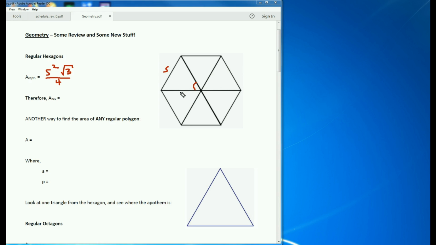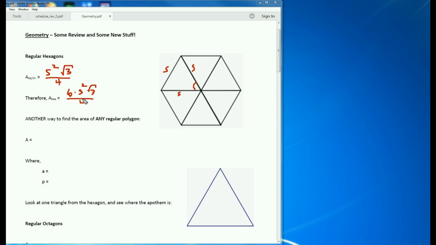So you basically got side, side, side. So we know the area of one of the triangles, so therefore the area of the hexagon is just 6 times that. So it's just 6 times side squared square root of 3 over 4.